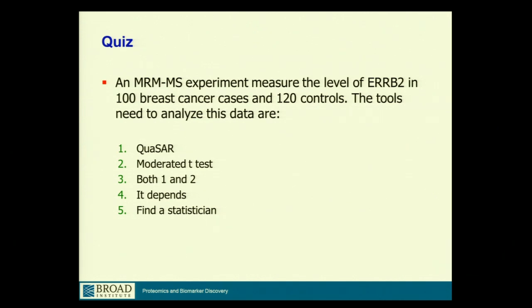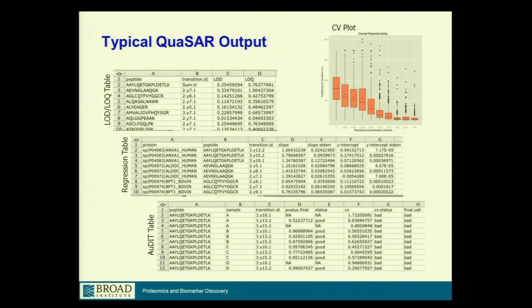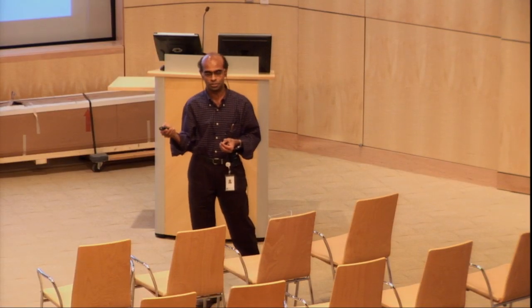One thing I forgot to mention is that what I have talked about in QuaSAR is mostly how you get measures of how good your assay is when you're developing the assay. But once you have developed the assay and you have run it on various patients, you can process the data in QuaSAR again, and you will get measurements of CV, coefficient of variation, and mean for every sample that you have measured.